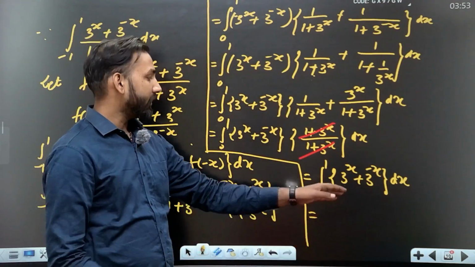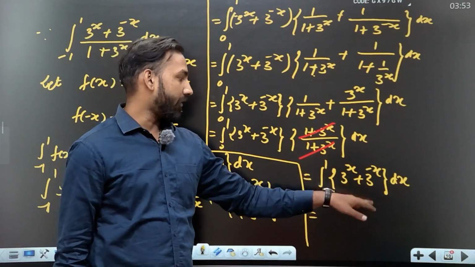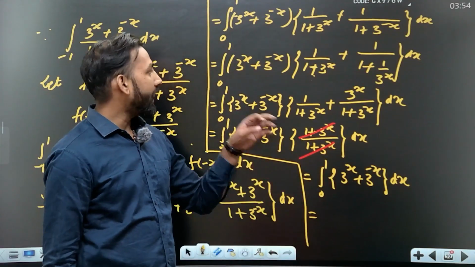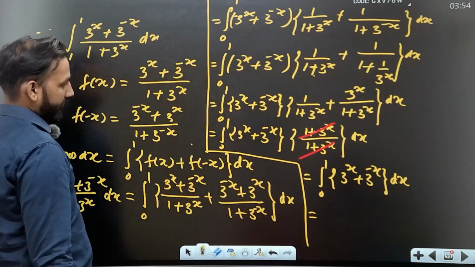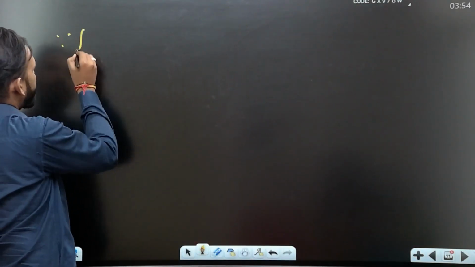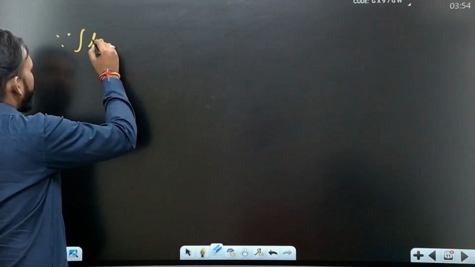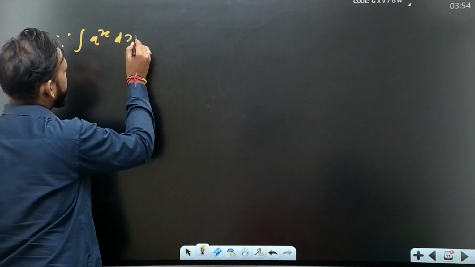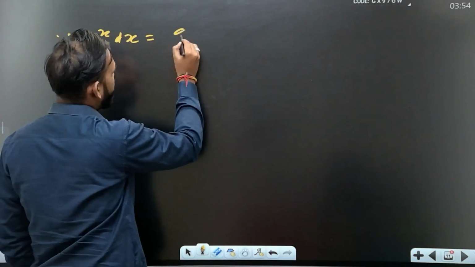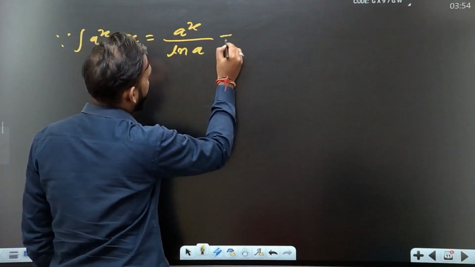It seems like integration, right? Integration of e raised to power x, right? Then the integration of e raised to power x is e raised to power x. Why? Since integration of a to the power x dx is equal to a to the power x divided by ln a plus c.